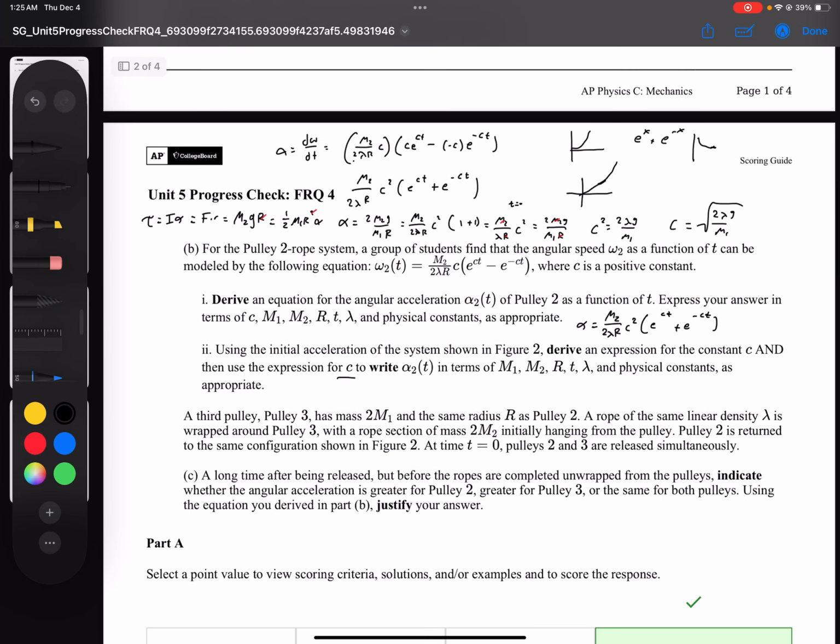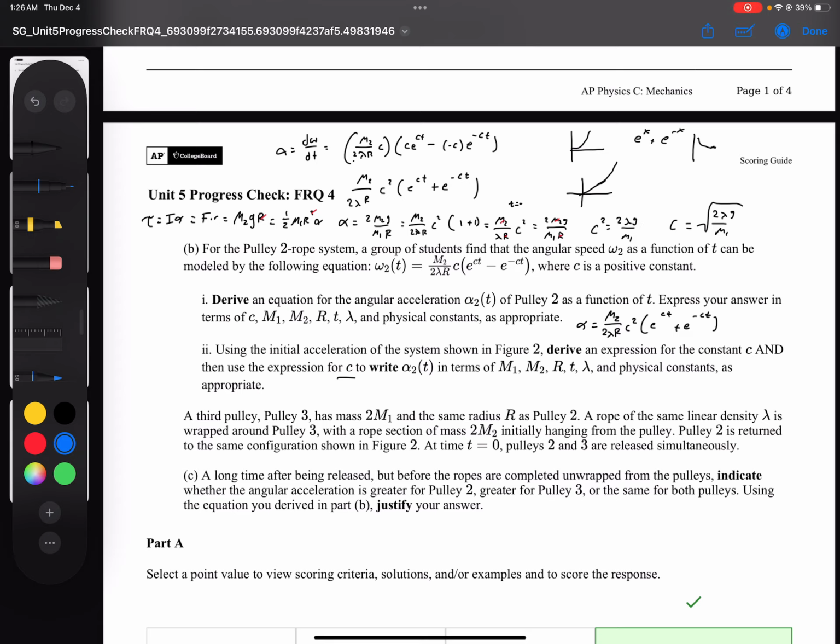And then for part 2 of part B, I now figured out what c is. So now if I put that c squared term back into the original expression, I'm only going to look at this first part here. So let me put this in a different color to emphasize it. I'm going to look at what happens when I take m2 over 2 lambda r times c squared, where c squared is 2 lambda g over m1.